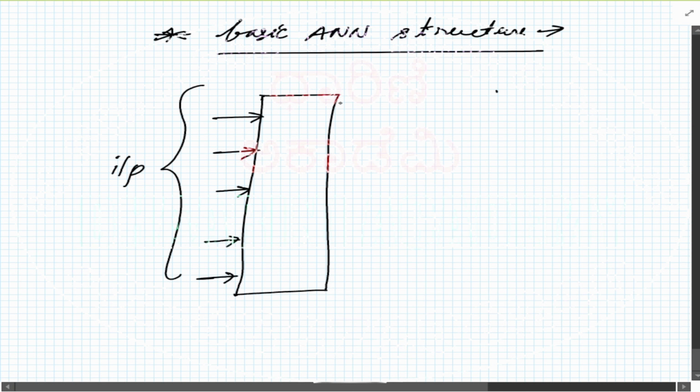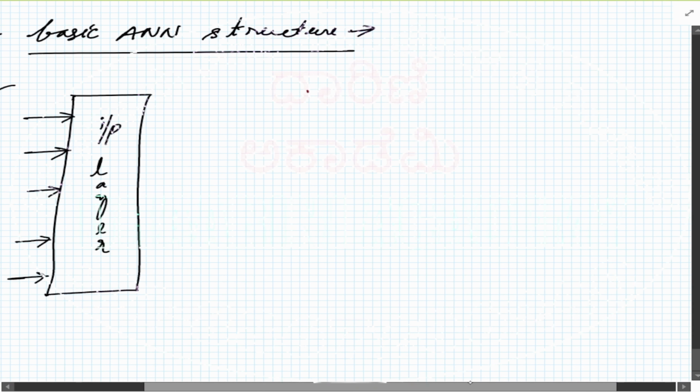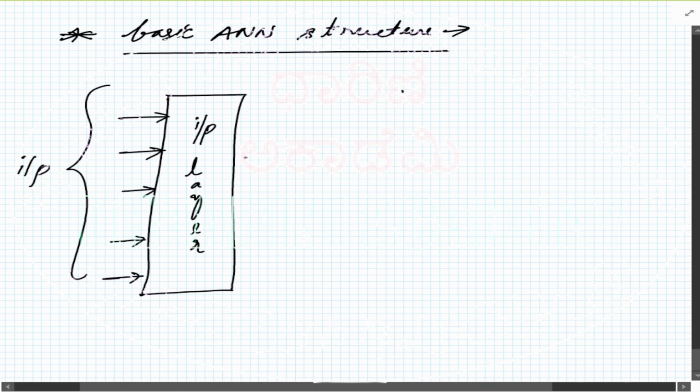All the inputs are collected by a certain set of neurons, and the whole layer of neurons corresponding to these inputs is called the input layer of neurons.